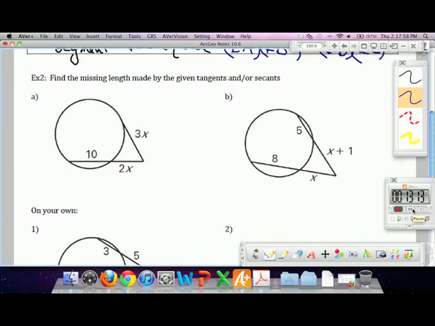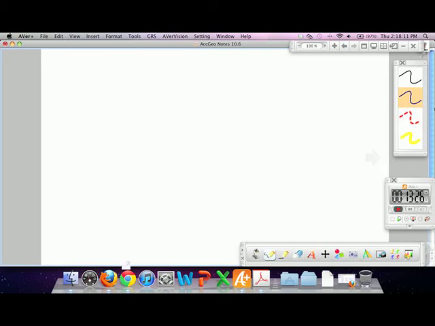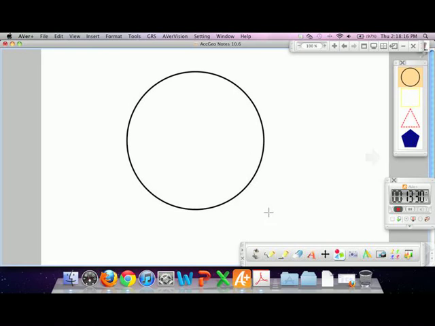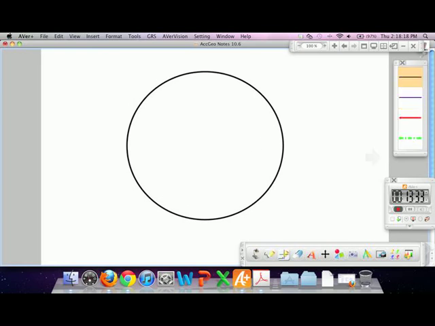This theorem not only applies to secant segments, it applies to tangents as well. And if we're talking about a tangent, we'll do a little illustration. Let's say I have a tangent instead.